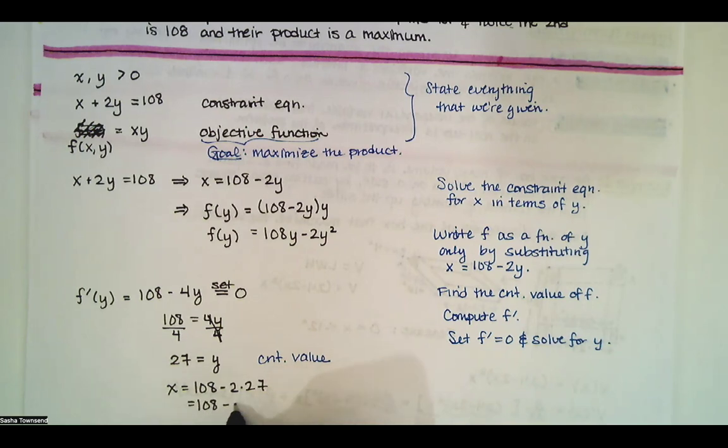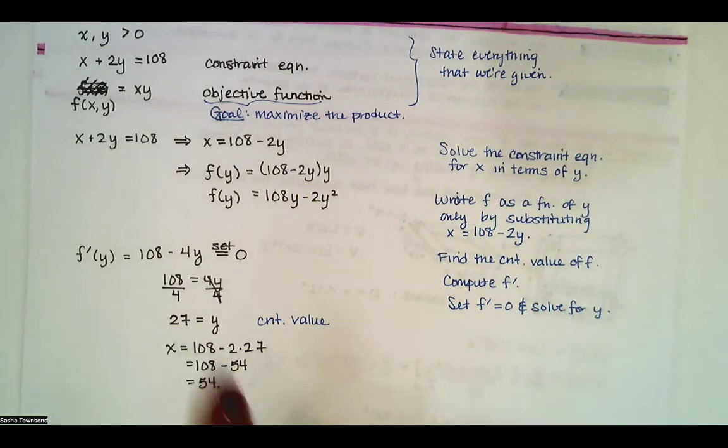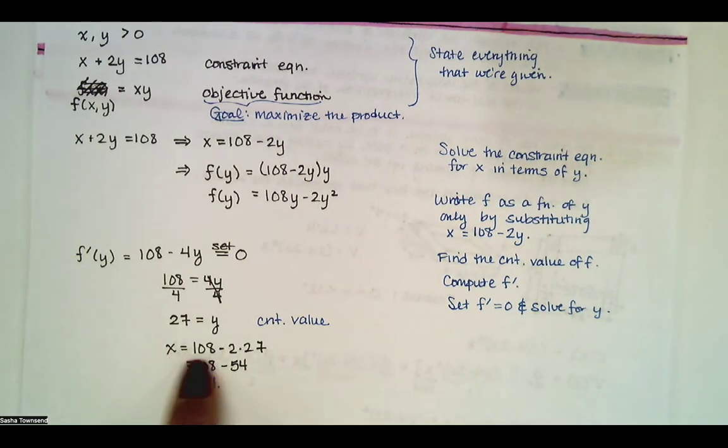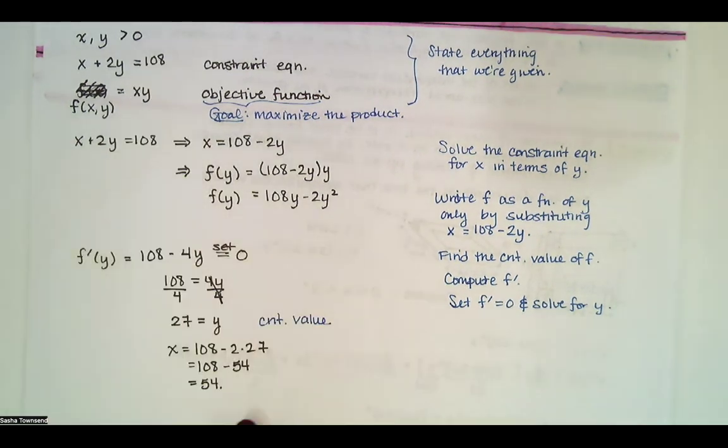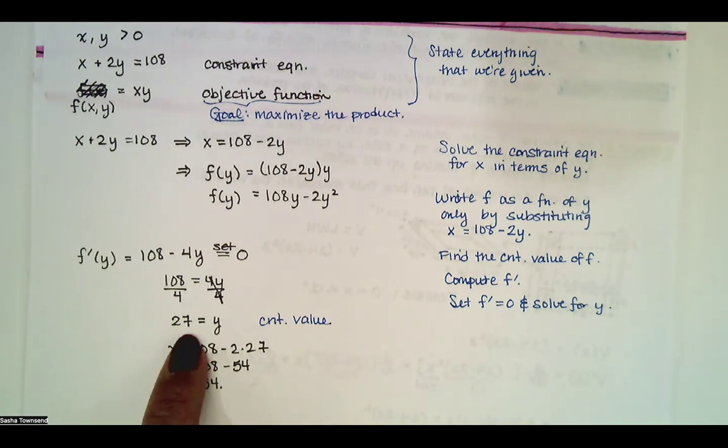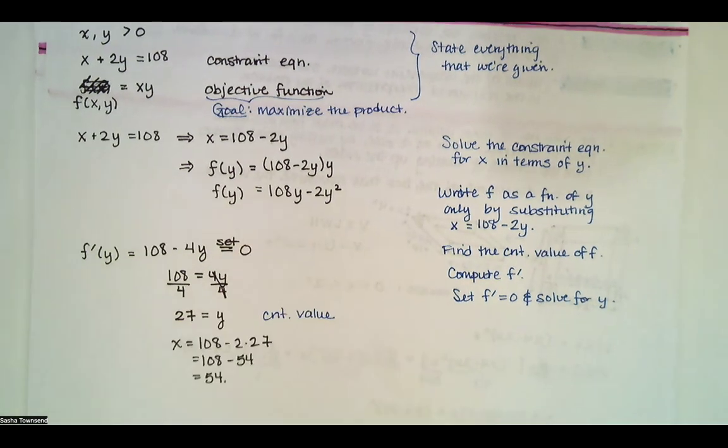So 108 minus 54. So our X value is 54. So both of those are positive, so that's good. So that checks out. And then because X plus 2y equals 108, that will be satisfied automatically because that's how we calculated X using that formula. And the claim is that when X is equal to 54 and Y is equal to 27, this function is maximized.